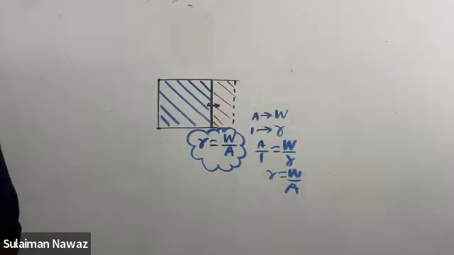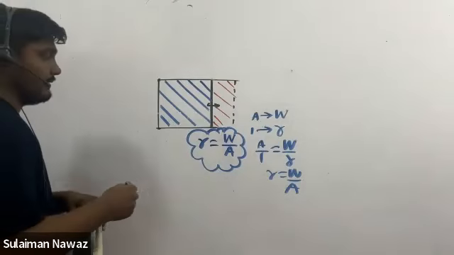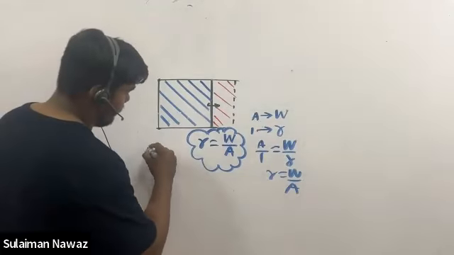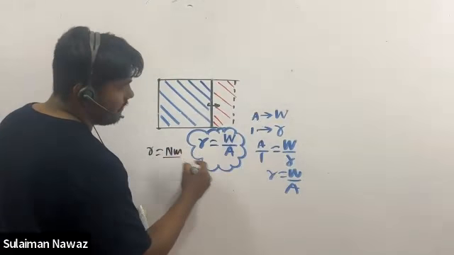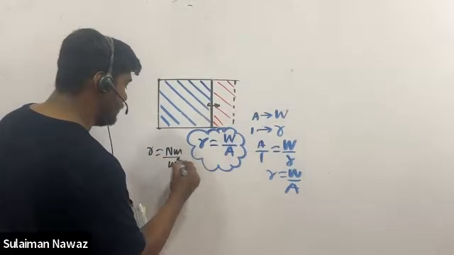Okay, raise your hands if everything is very clear. Then what is the unit of gamma? The unit of work is Newton meters. The unit of area is meter squared.